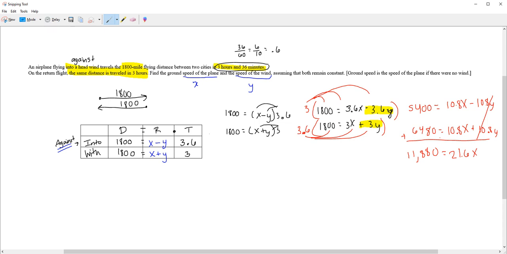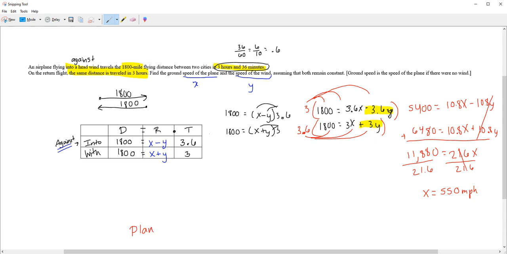I'm going to do 11,880 divided by 21.6, and when I do this, I end up with the speed of the plane, x, being 550 miles per hour, okay?